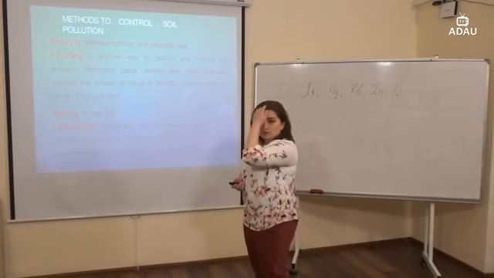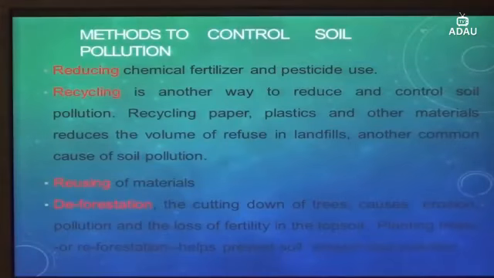Methods to control soil pollution. Reducing chemical fertilizer and pesticide use. Recycling is another way to reduce and control soil pollution. Recycling paper, plastic, and other materials, maybe glass, plastic, paper, wood materials, reduces the volume of refuse and landfills, another common cause of soil pollution, and encourages reusing of materials.